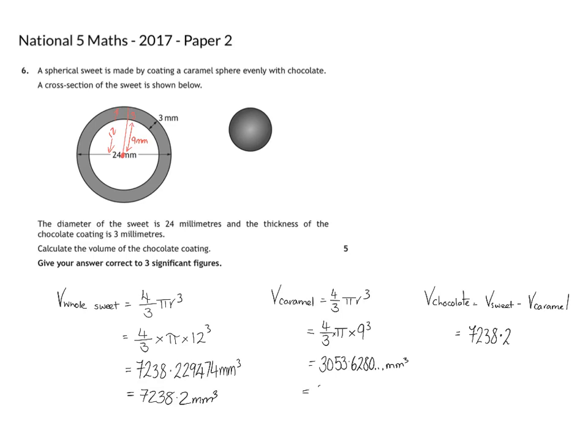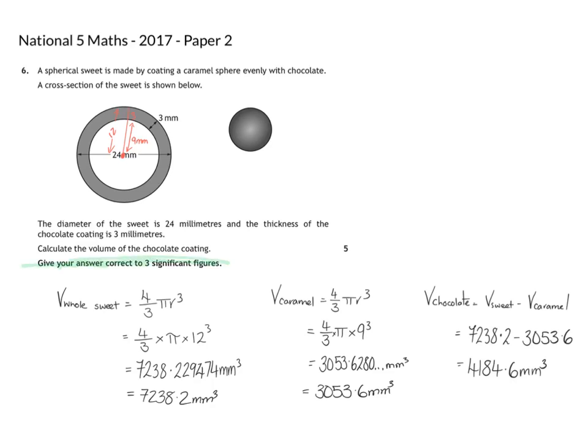Second one, if we do this, we get 3,053.6 millimeters cubed when we round to one decimal place. So take that away, and we get our answer. So 7,238.2, take away our 3,053.6, and we get 4,184.6 millimeters cubed. And then I just realised I hadn't finished reading the question, so this is really careful here.